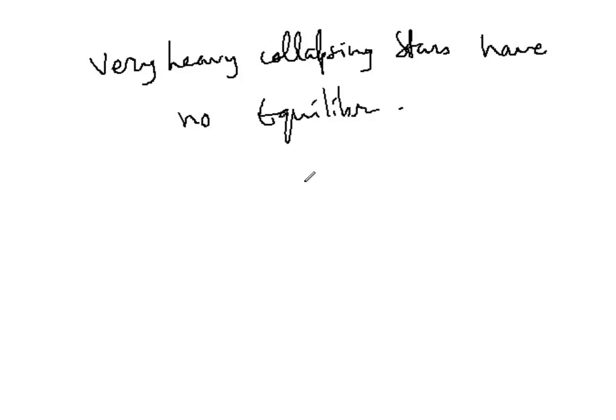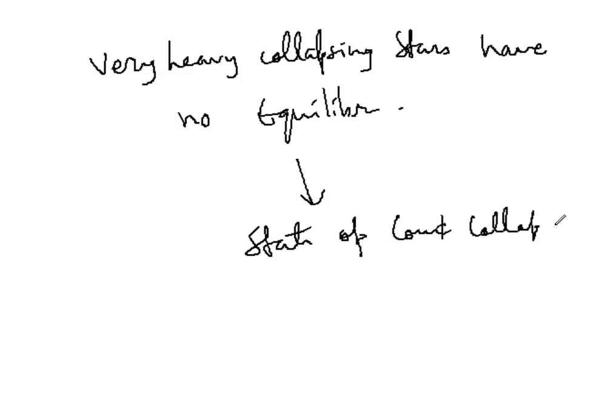And so they are always in a state of continued collapse, and as a result the third super dense object, which is the black hole, is formed. Okay, and now we are going to study the metric outside the black hole. Fine. So this is the prelude, and now let me talk about the Schwarzschild metric.